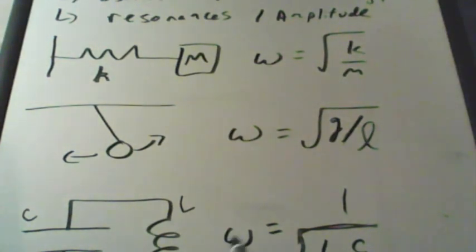And as we'll see in the next couple of slides, you can make this an oscillating system with charges and currents. The oscillation is related to the inductance and the capacitance.